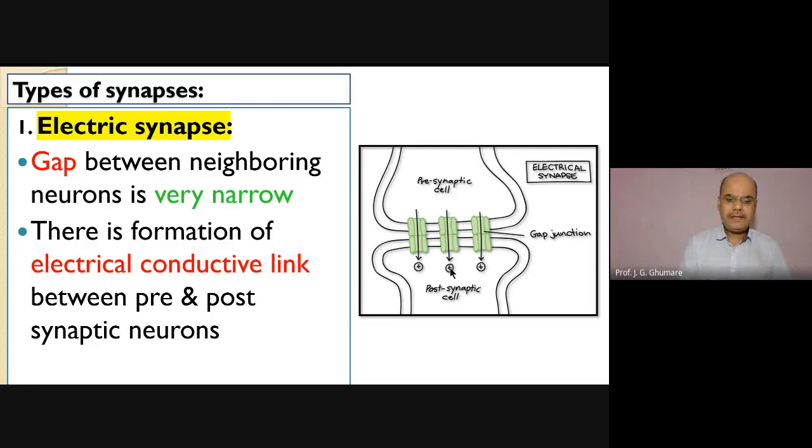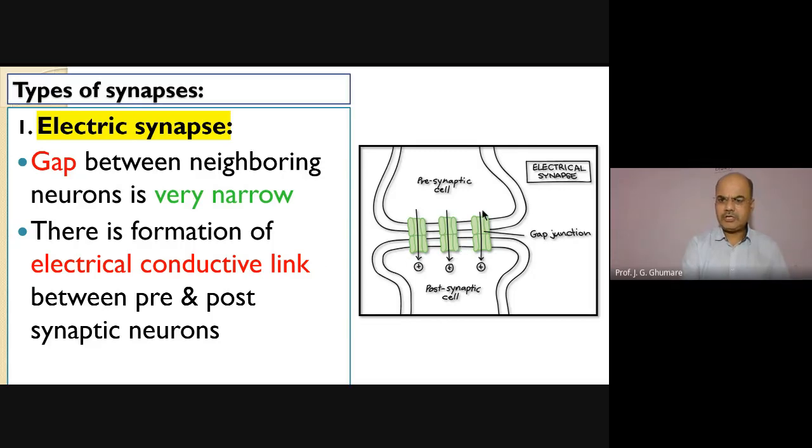Now, what could be the character of an electrical synapse? The gap between the neighboring neurons is very narrow here. See this gap I'm talking about. I'm going to show the comparison of these two, chemical and electrical synapse. But here, the gap between these two neurons is very small, and there is a formation of electrical conductive links between them. See, these are the links.